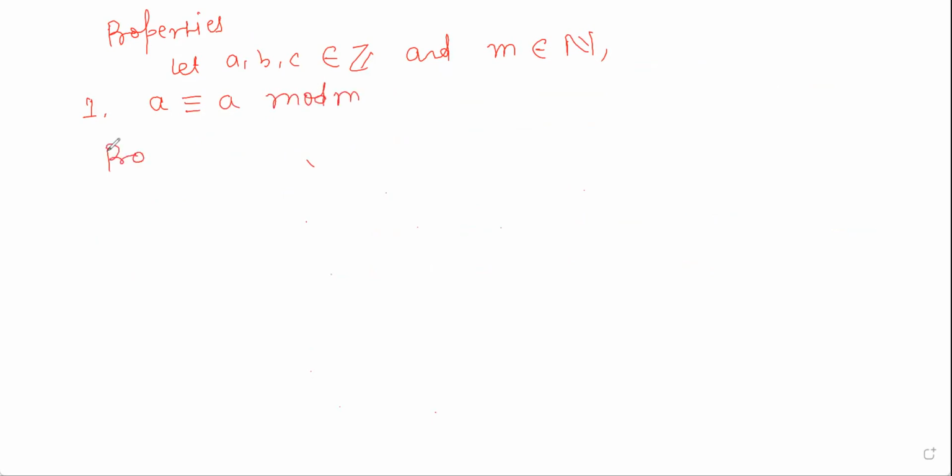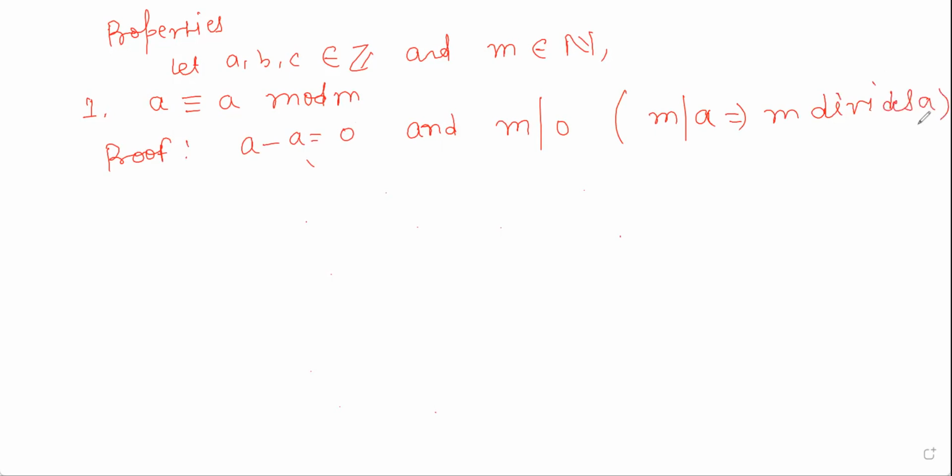Proof: A minus A equals 0, and M divides 0. Here M divides A denotes that M divides A. So M divides 0, since 0 can be written as M times 0 and 0 is an integer.